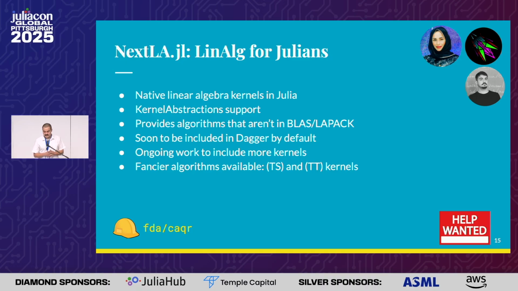So Rabab had this wonderful idea, which is the icon you see that is not me on the screen, to create a new package with pure Julian implementations of all the operations we needed in the kernels. So they are native linear algebra kernels. Where it's needed, we do offer KernelAbstractions support, and we do implement the fancier kernels, so TS or TT, which is triangle on top of square, or triangle on top of triangle, which is needed for these intricate parallel linear algebra algorithms.